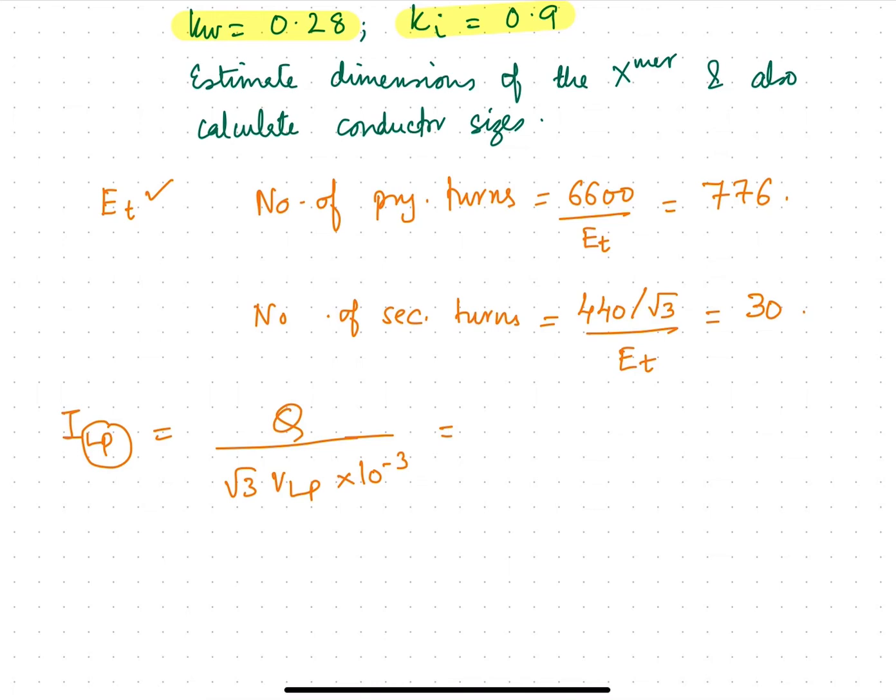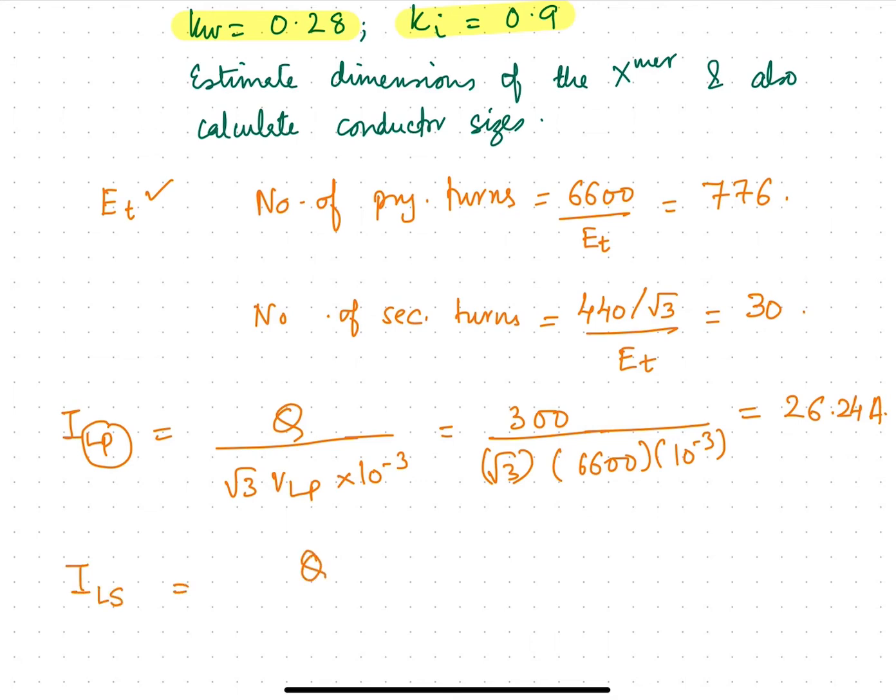So kVA is 300 and this is root 3 times 6600 times 10 to the power minus 3. So this current is 26.24 amperes. The line current of the secondary is Q divided by root 3 VLS into 10 to the power minus 3, which when substituted gives us 393.65 amperes.